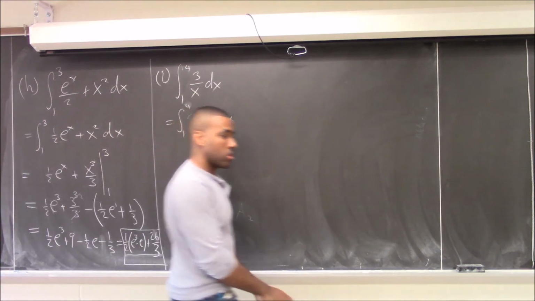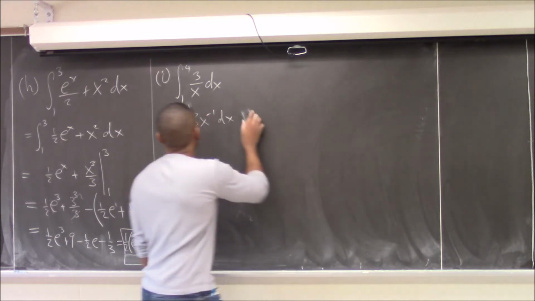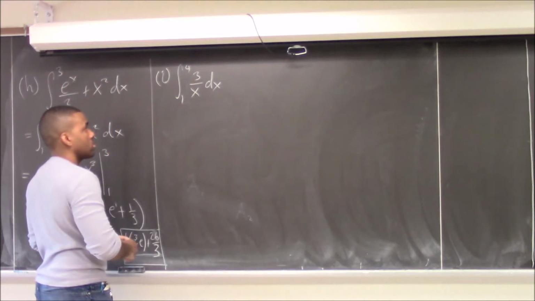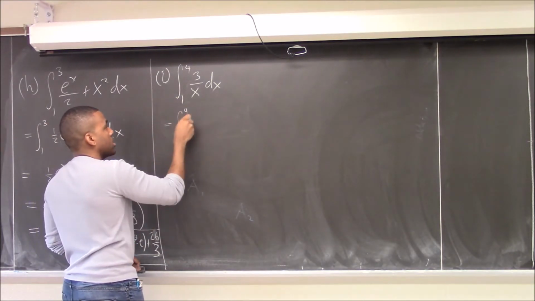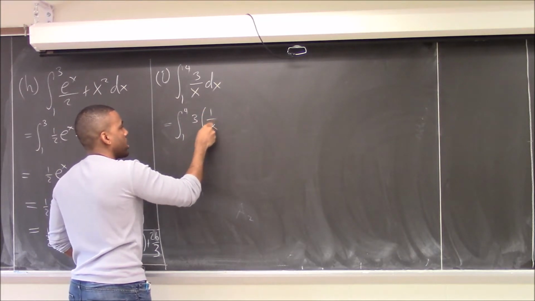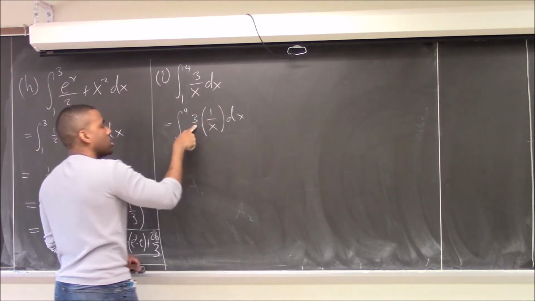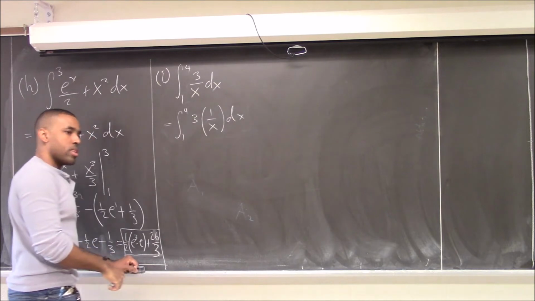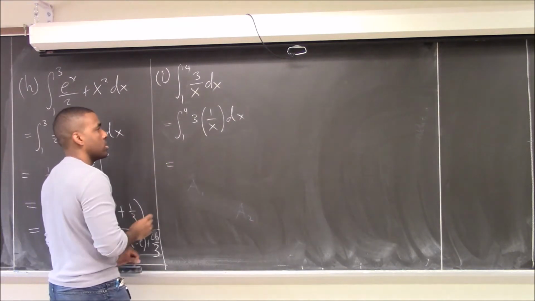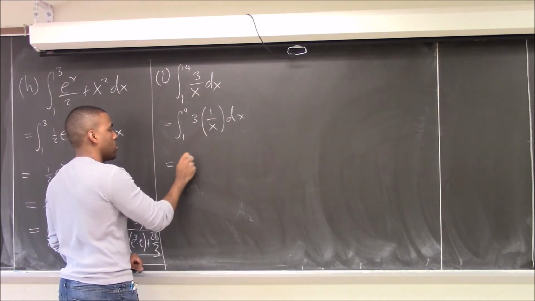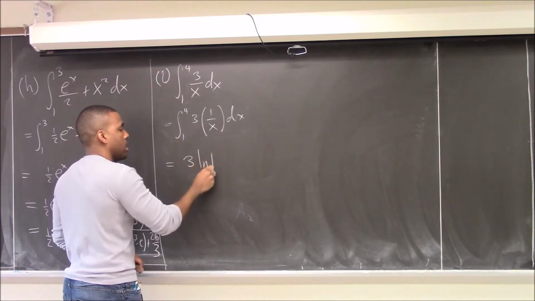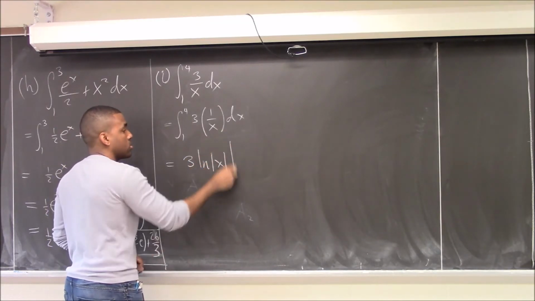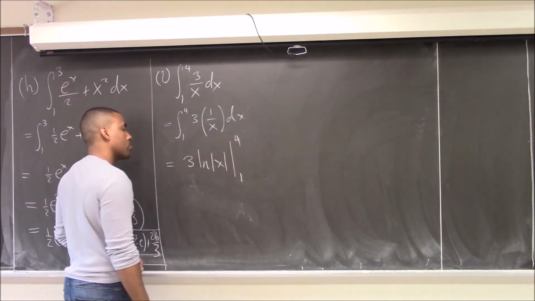You can leave it on the bottom and have it be 3 times 1 over x. Yeah, you can think of this as just 3 times 1 over x. That's a constant. We do have a rule for 1 over x. So this becomes 3 ln of absolute value x, from 1 to 4.